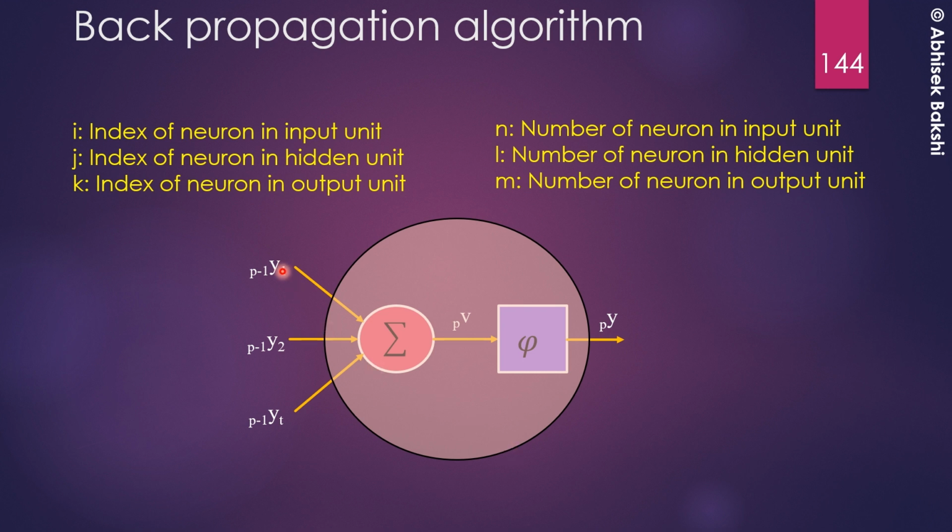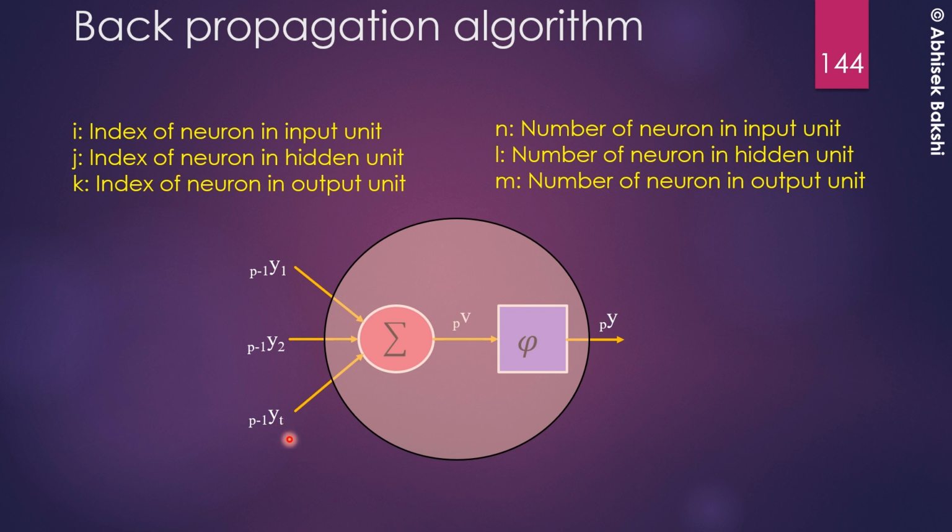And that's why here p minus 1 is given as a subscript. So p minus 1, 1, what does it mean? It means that this is the output of the p minus 1th layer neuron, first output. That's why y1. This is the second output of the p minus 1th layer neuron. And in this way, this is some tth output of the p minus 1th layer.